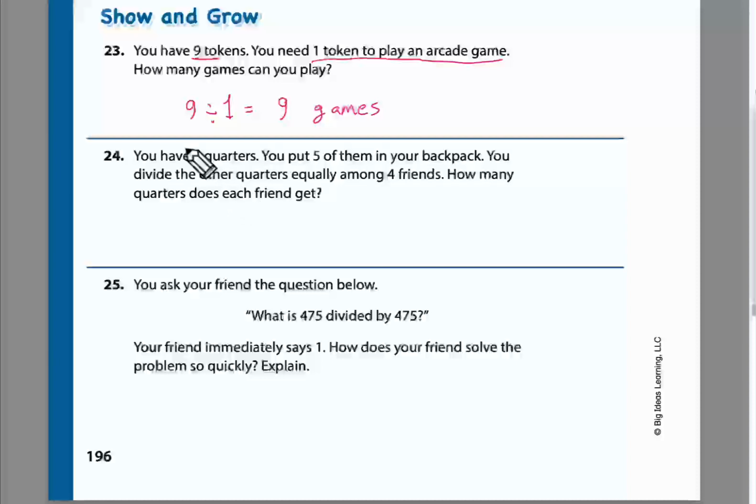You have 9 quarters. You put 5 of them in your backpack. You divide the other quarters equally among 4 friends. How many quarters does each friend get?